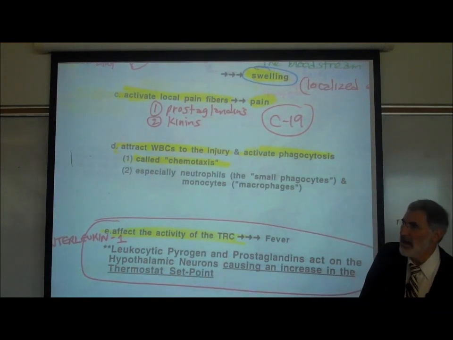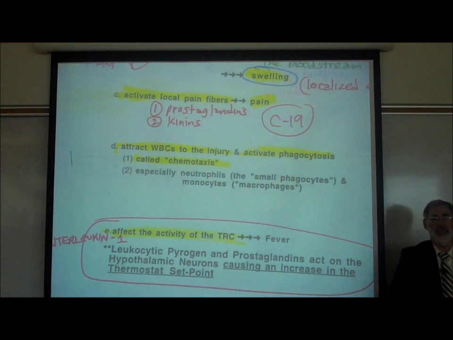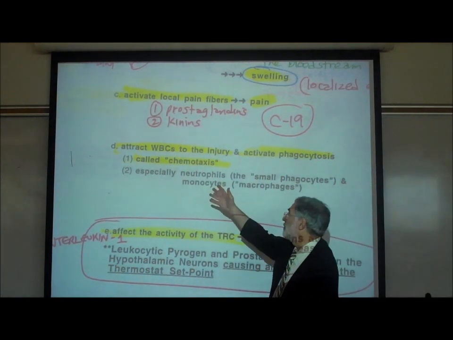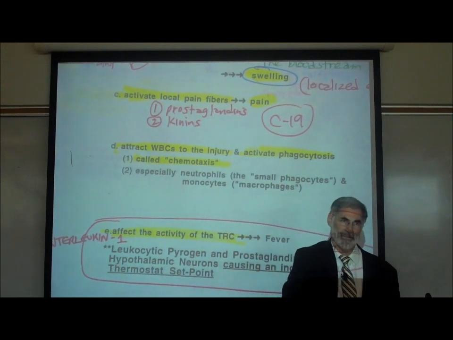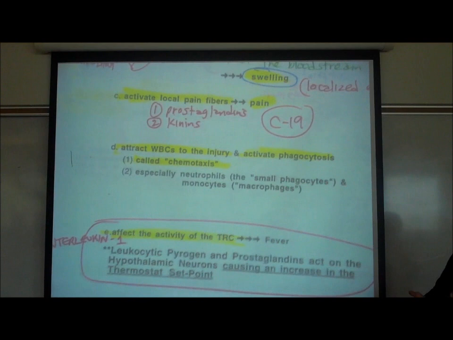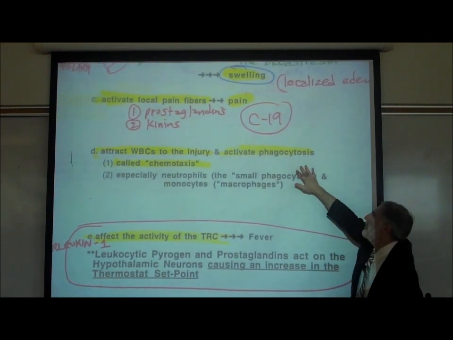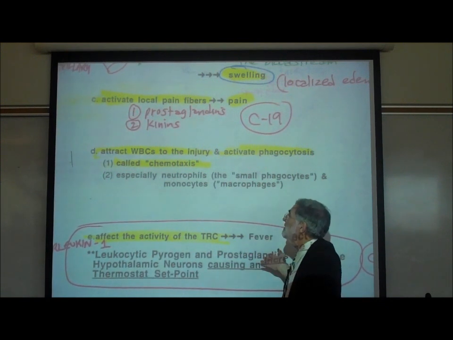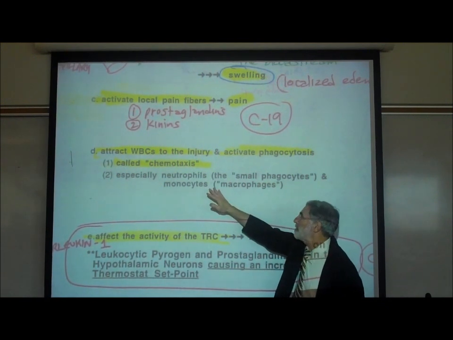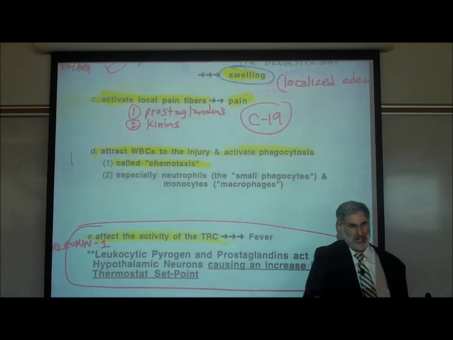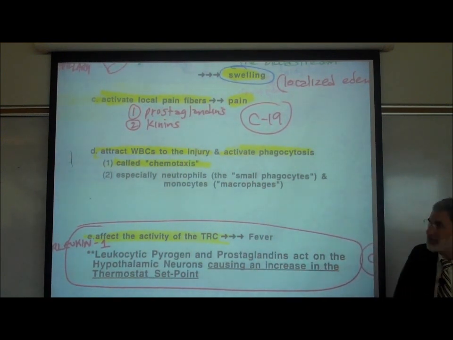Yes, we did, in section B, when we talked about linker proteins and so on. Chemo, chemicals causing taxis, movement, is what it means. You learn that in micro. And the white blood cells that are most important in phagocytizing bad guys and dead human cells are the neutrophils, commonly also known as the small phagocytes, and the monocytes, known as the macrophages, or big phagocytes.